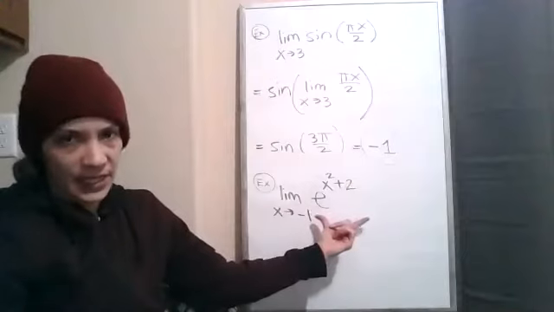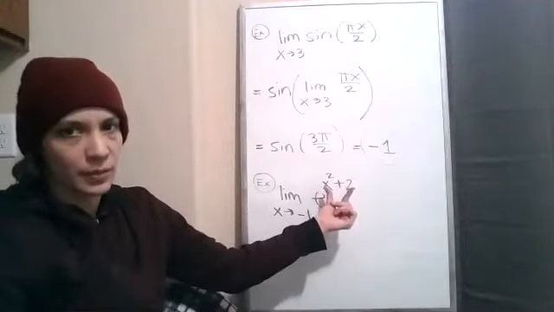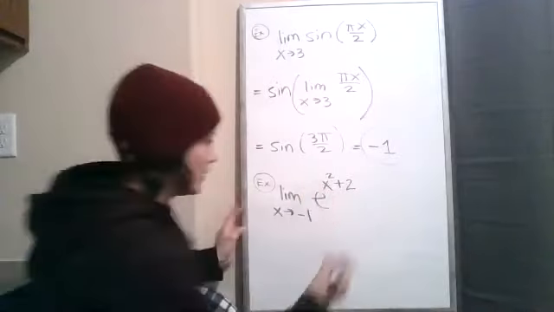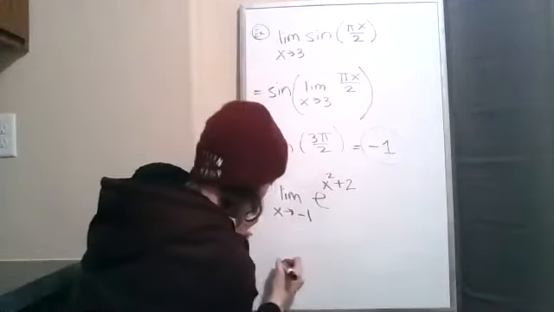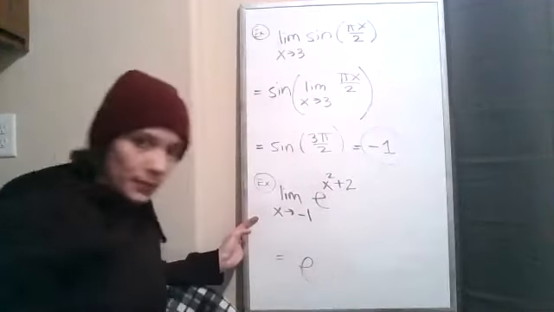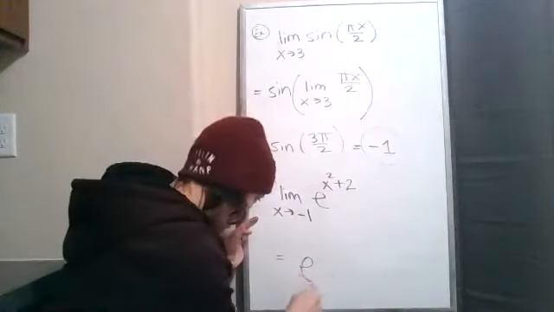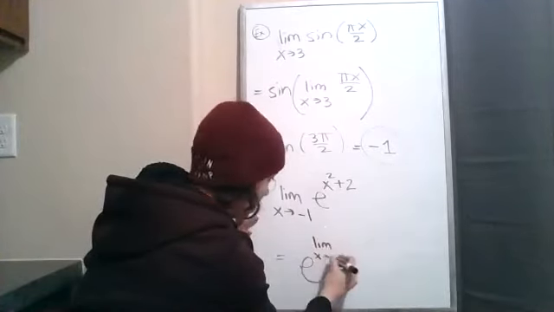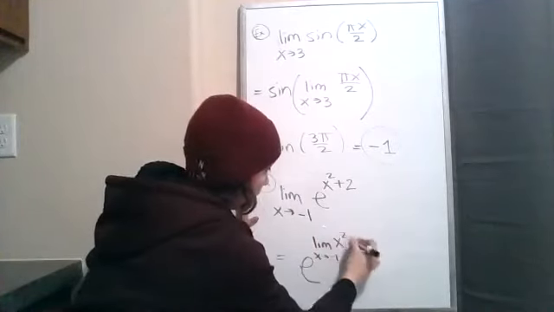So the outer function is e to the x, and the inner function is x squared plus 2. So when I put the limit in, it goes up into the power. Bring the limit in: e with a limit as x goes to -1 of x squared plus 2.